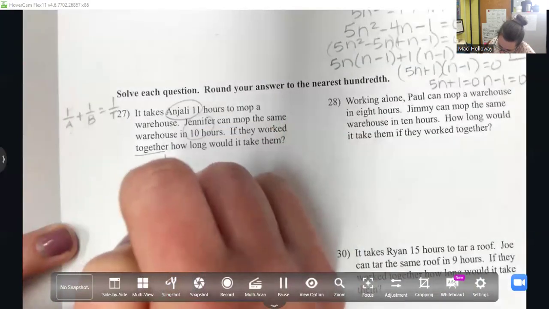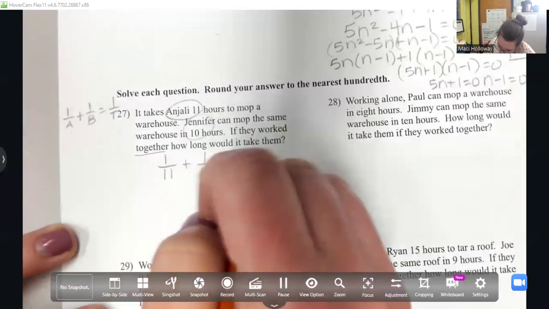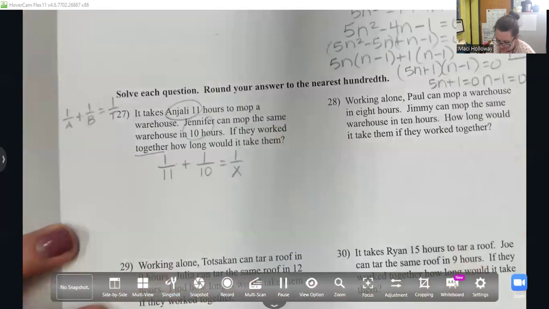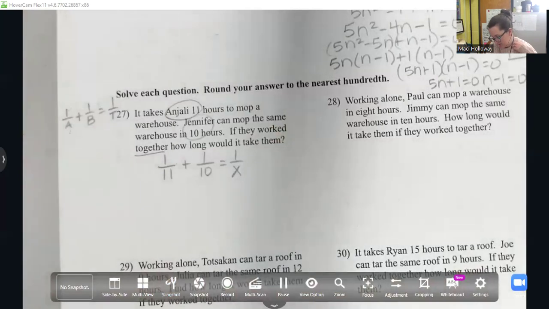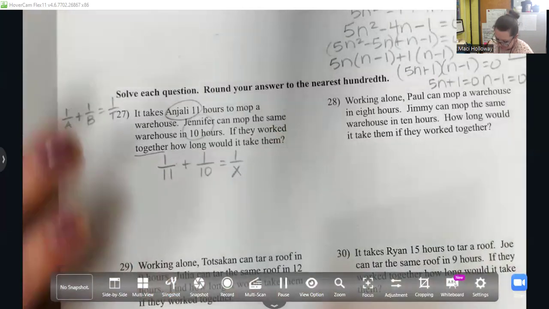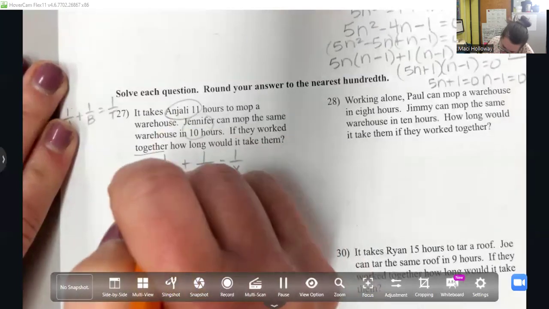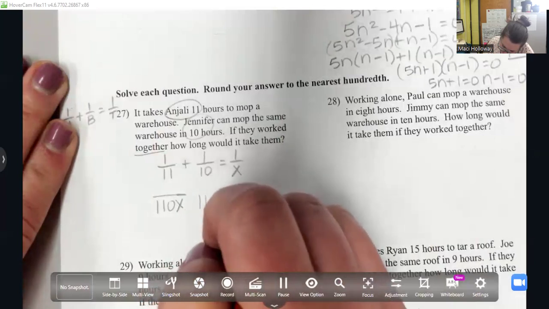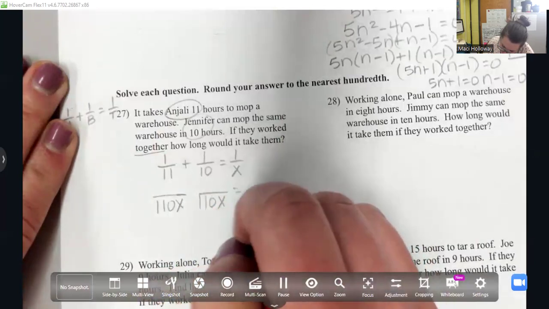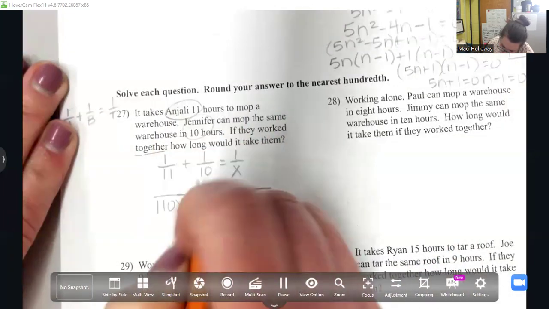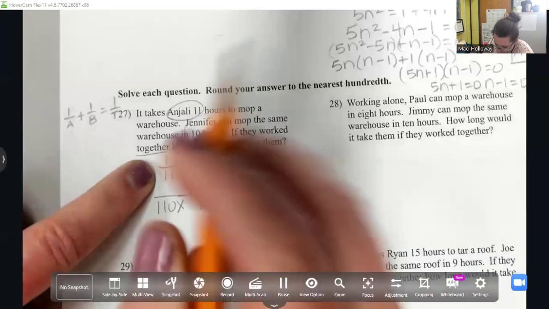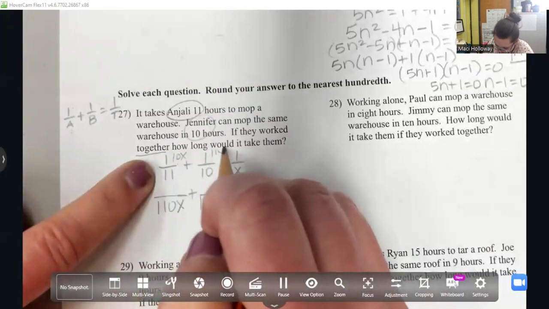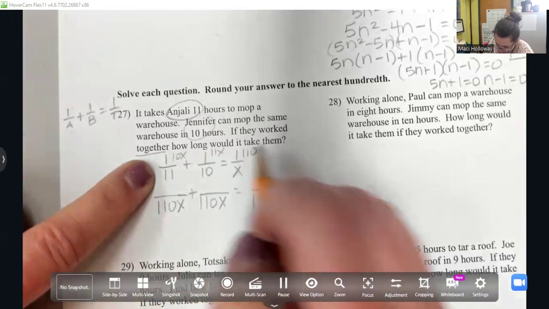So 1 over 11 plus 1 over 10 equals 1 over x. I'm looking for my common denominator, which is going to be 110, and x, sorry. So this guy needs a 10x, this guy needs an 11x, and this guy needs a 110.